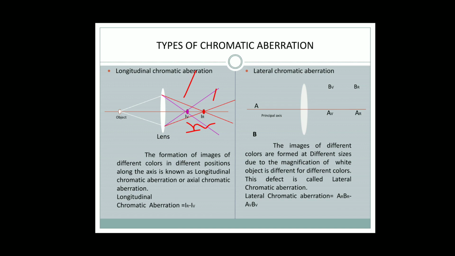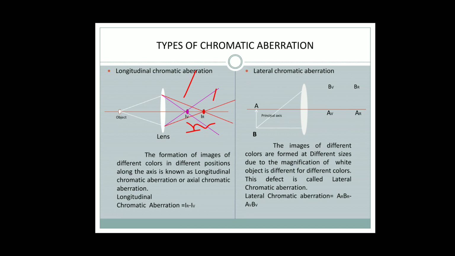Not only that, its magnitudes are also different. So, the change or difference in magnitude of different color images is called lateral chromatic aberration. As seen in the diagram, AB is the white light.